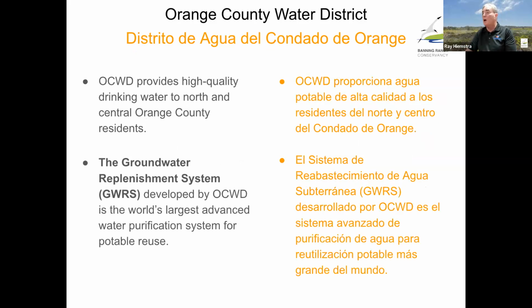And it takes our sewer water in North and Central Orange County, cleans it up to drinking water standard, and then puts it back into the groundwater basin where it gets filtered again through the aquifer, and then it ends up resupplying our water. So it's very innovative, and it's very cost effective, and it's something that we've won awards from all over the world for. The Groundwater Replenishment System has been a huge benefit to us in this area.